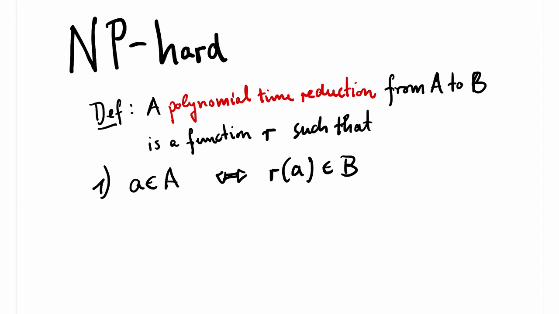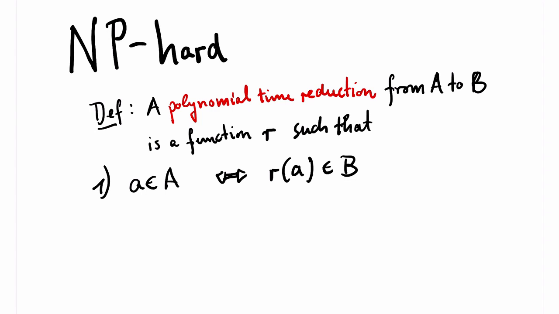For this approach to work, you need 2 properties. In order to obtain a polynomial time algorithm for A, you need to prove, 1, that little a has answer yes for problem A if and only if the output of the reduction has answer yes for B. So these are 2 directions that you have to prove.